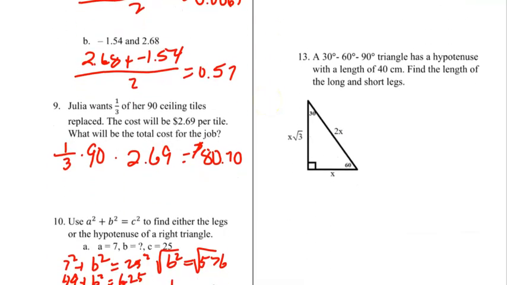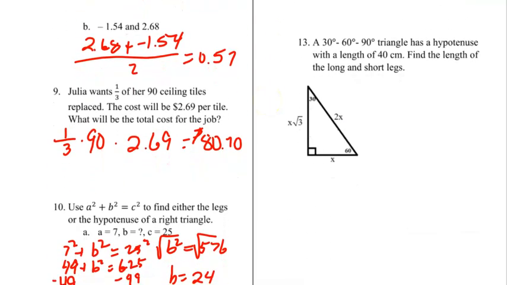And question 13, a 30, 60, 90 triangle has a hypotenuse with a length of 40 centimeters. Find the length of the long and the short legs. Now if we look at the base 30, 60, 90 triangle, we see that this is the short leg because it's always opposite the 30-degree angle. And if the short leg is x, the hypotenuse is twice that amount. Since we were told the hypotenuse of the triangle is 40, all we have to do is find half of that to find the short leg.